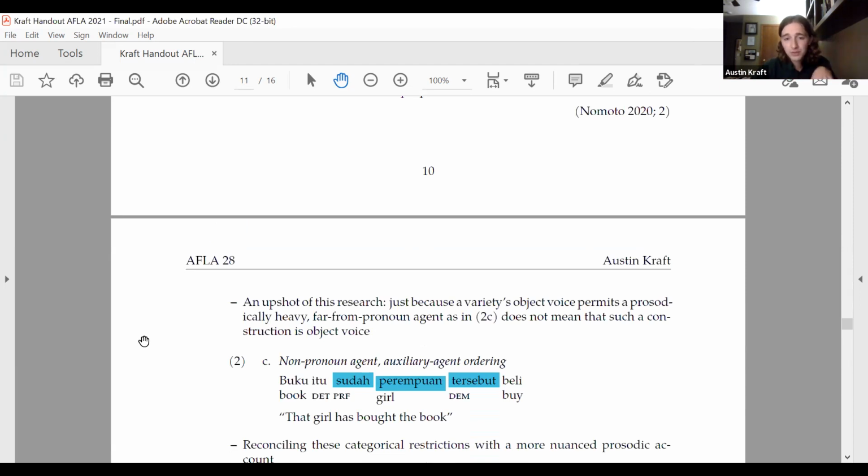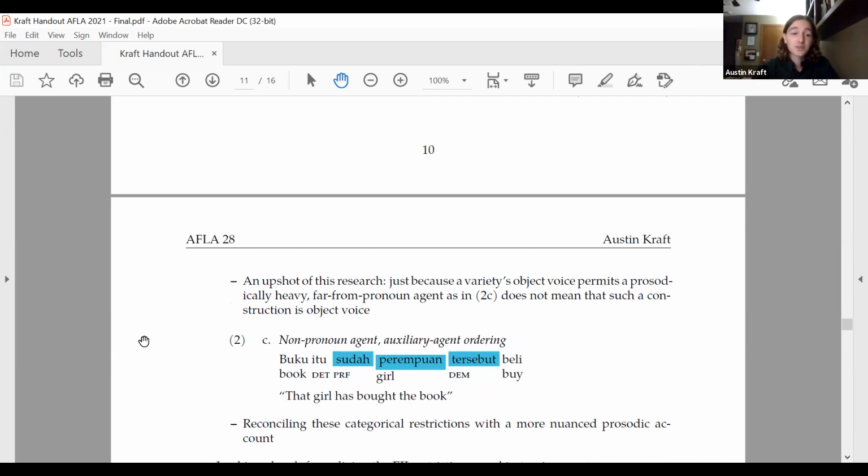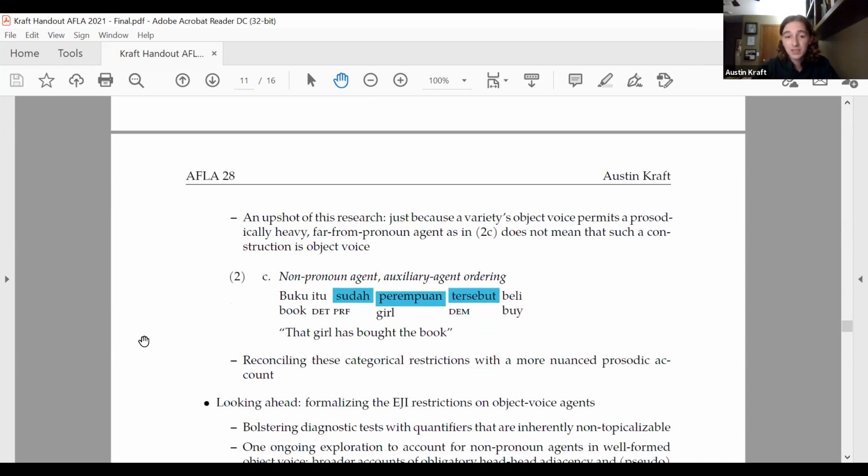From this research, we get a more enriched, critical view: just because a sentence appears on the surface level to permit object voice with non-pronoun agents, we found that it's not always the case. It is sometimes the case, but not always. So it's an enriching finding in that respect.